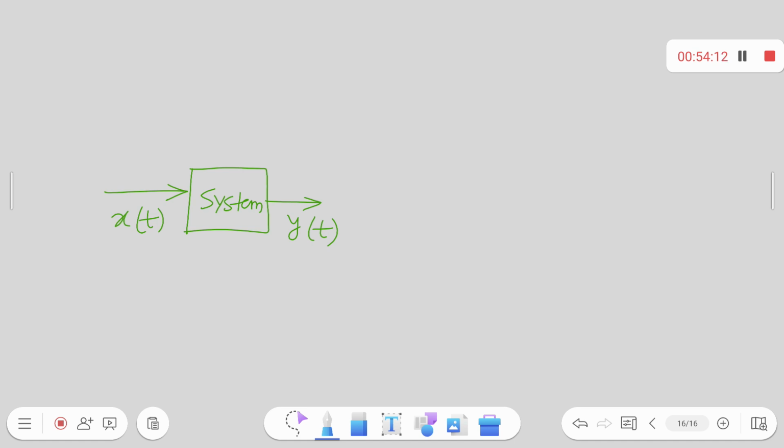Now, if the input is scaled by some constant, and if the output is also scaled by the same factor, for all such constants and for all such x of t, then we call the system a homogeneous system. Can you get the point?